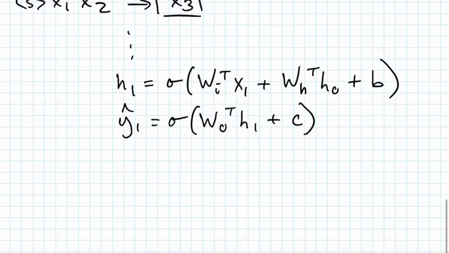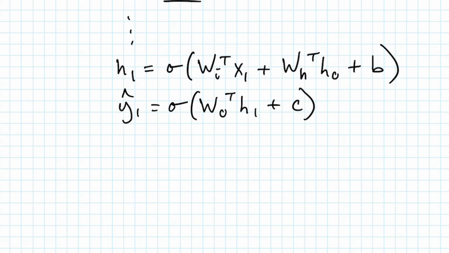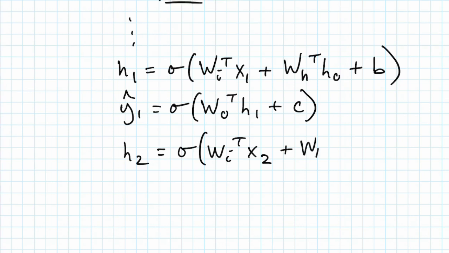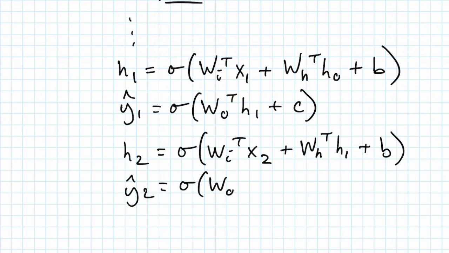Okay. And then we have h2, which would be sigma of wi transpose x2 plus wh transpose h1 plus b, and then y hat 2 equals sigma of w0 transpose h2 plus c, and so on and so forth.